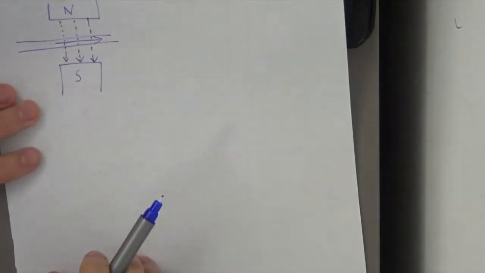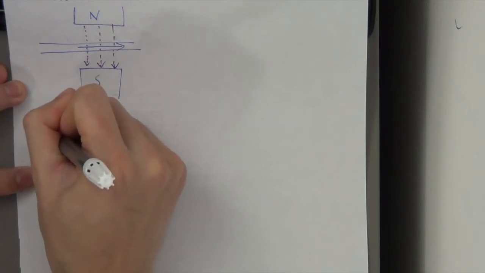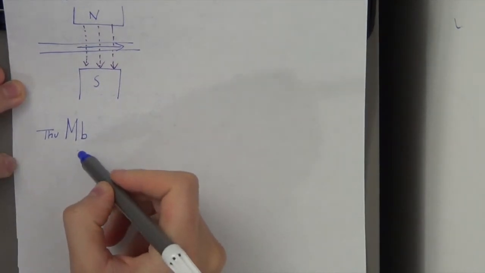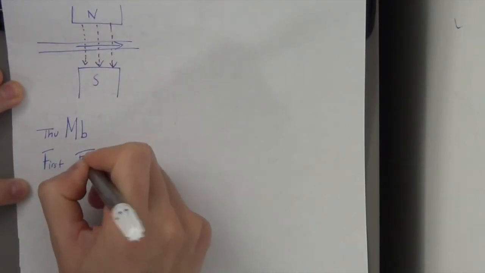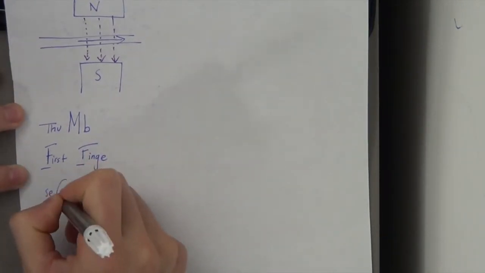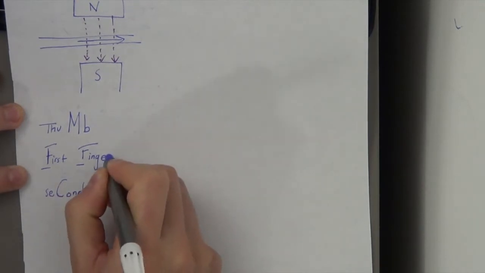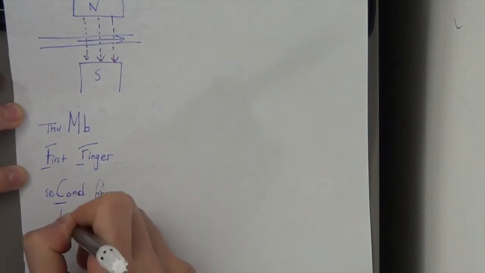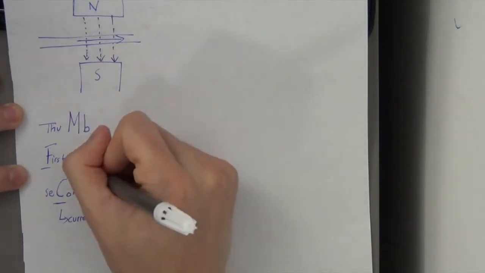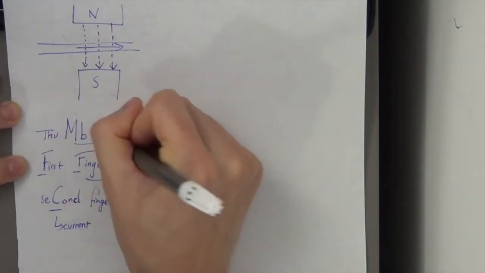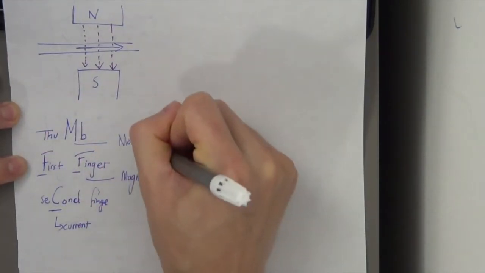So if I write this down, my thumb is a large M for the motion of the wire, first finger F for magnetic field, second finger C for current.